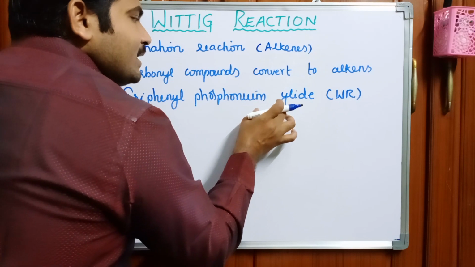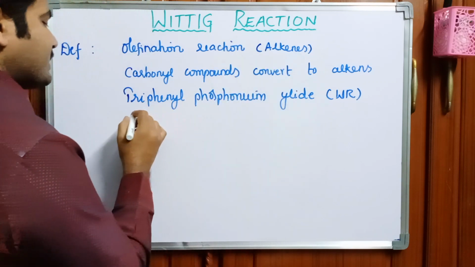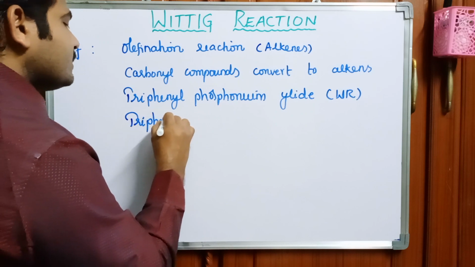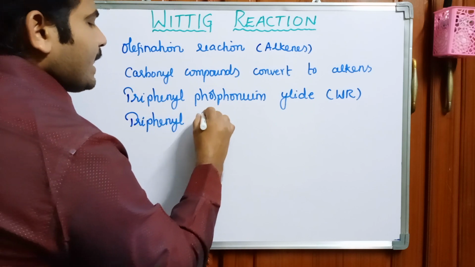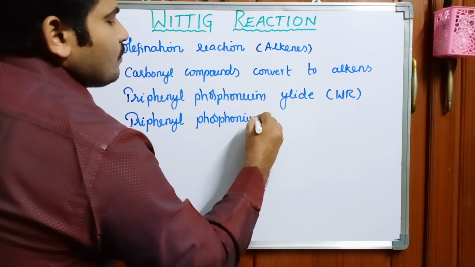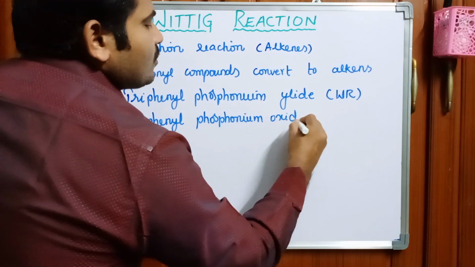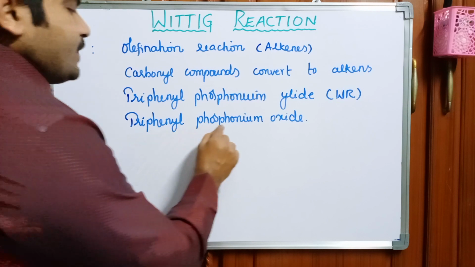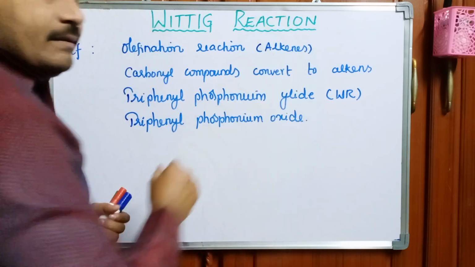Along with it, it also forms one byproduct called triphenyl phosphonium oxide. Triphenyl phosphonium oxide is also called triphenyl phosphine oxide.